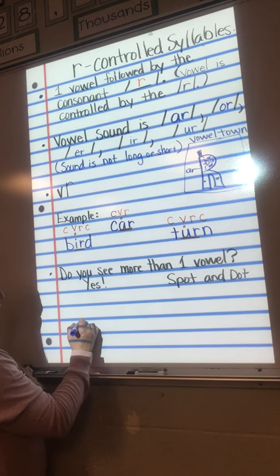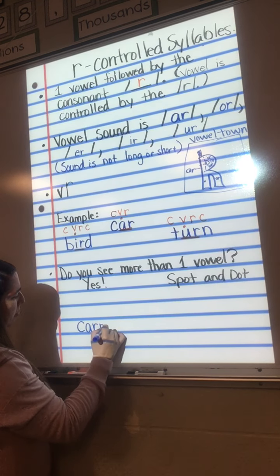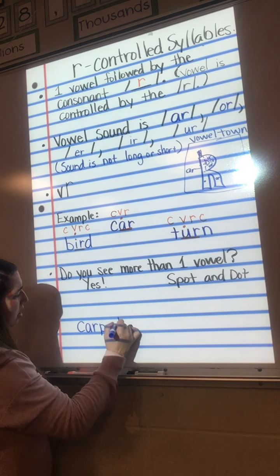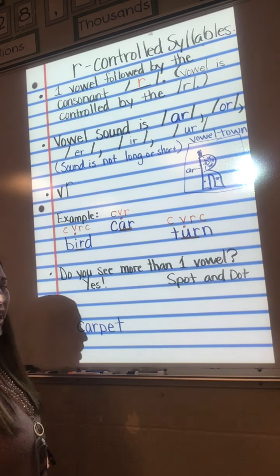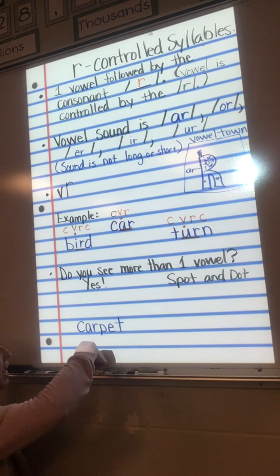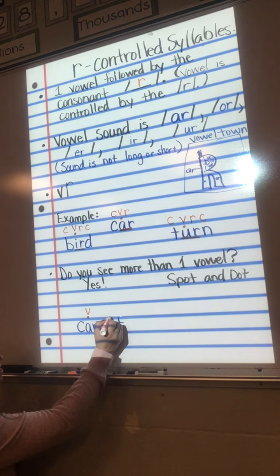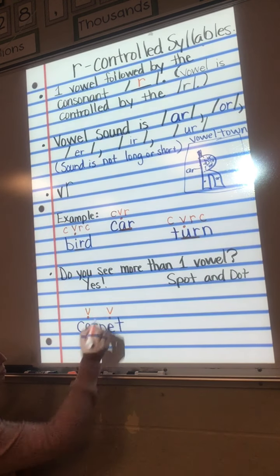So I'm going to write my first word. C-A-R-P-E-T. All right, so if I'm looking at that word, do you see more than one vowel? Oh, spot and dot, because I definitely do. I see the vowel A here, and I see the vowel E here.